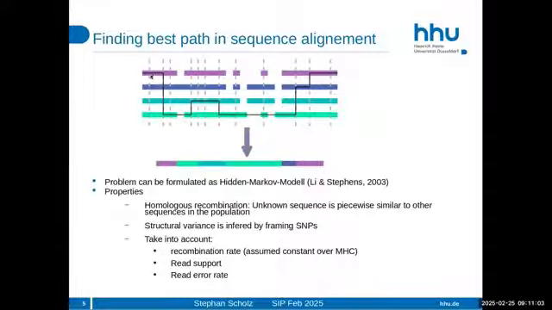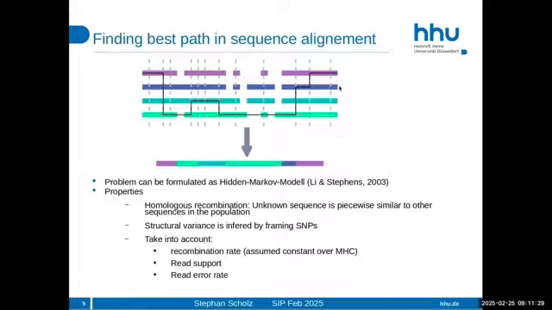And at each SNP position, we compare the allele of this haplotype with the reads and check whether they agree or if it would be better to switch to a different haplotype and start copying from that one. And in this way, we can get our scaffolding reference.